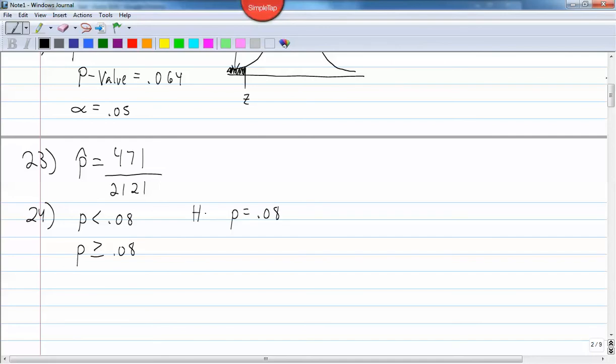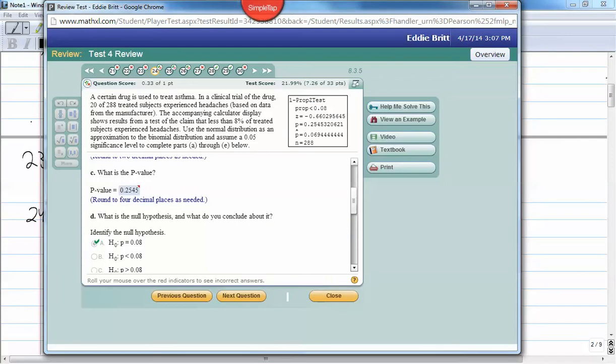That is our null hypothesis. Our alternate hypothesis is the other claim, which in this case happens to be the original claim. So you can see the null hypothesis, same thing we had. H sub 0, p equals 0.08.